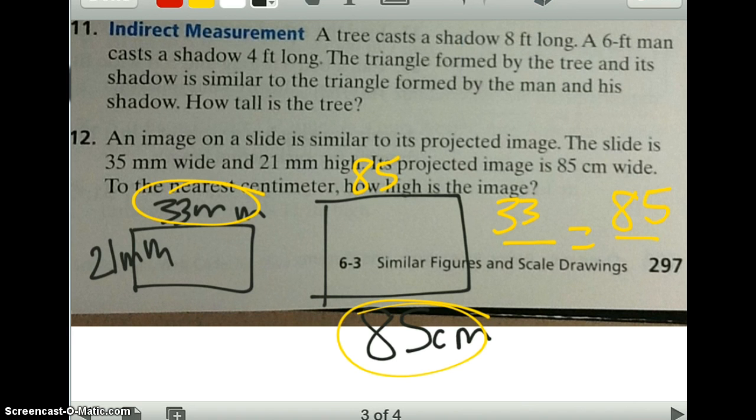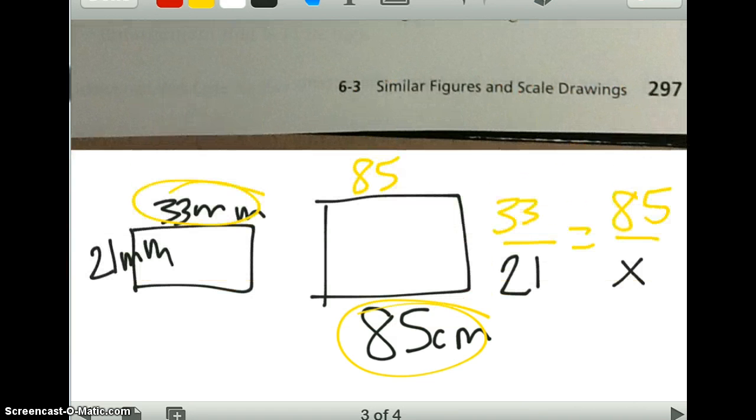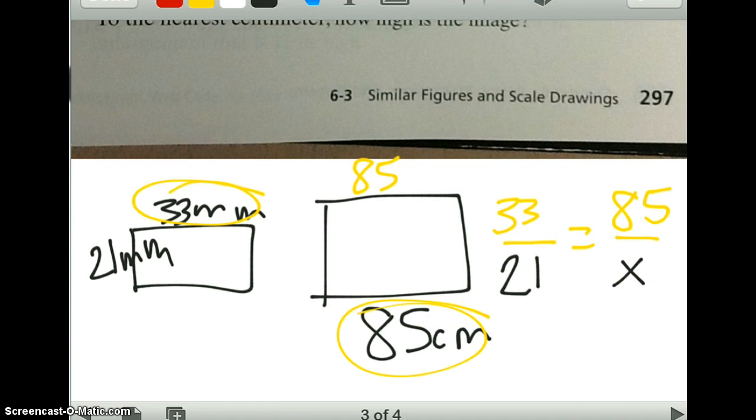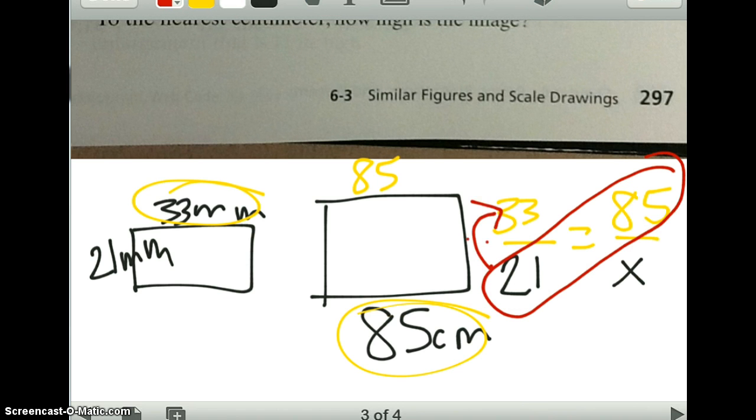I've got it, it's got to be underneath the 35. So I've got 21 and X, and so I'm going to move this out of there so you can see it a little bit better. So then this for sure needs a calculator. 85 times 21, then divide by the 35. And come up with something, and then make sure that you label it.